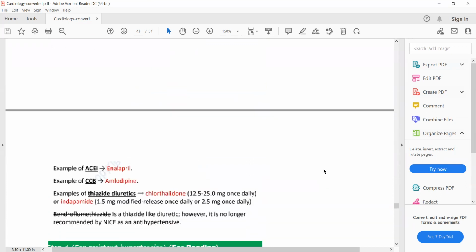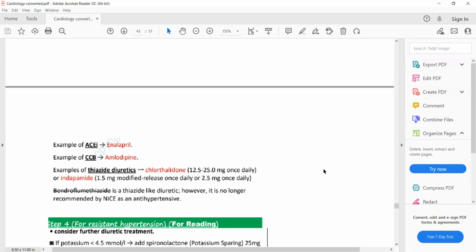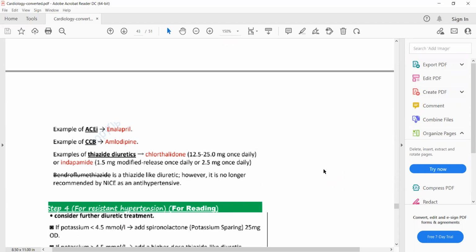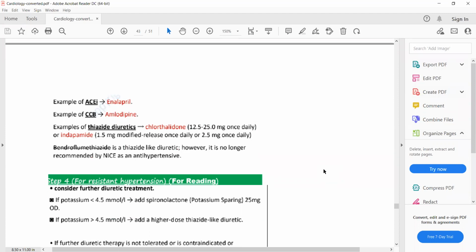Previously, hydrochlorothiazide was used, but it is no longer recommended. The recommended thiazide diuretics for the management of hypertension are chlorthalidone, either 12.5 milligram or 25 milligram once daily, or indapamide, 1.5 milligram or 2.5 milligram once daily.